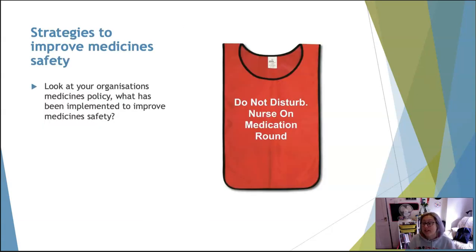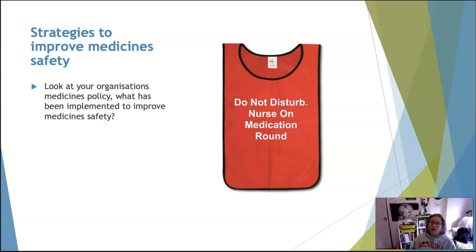Now, there are some strategies to improve medicine safety. Have a look at your own organisation's policies to see what things have been implemented to help with medicine safety. This is just one of the examples used in some wards: the nurse who is on the medication round wears a do not disturb tabard to identify that they are on a medication round.